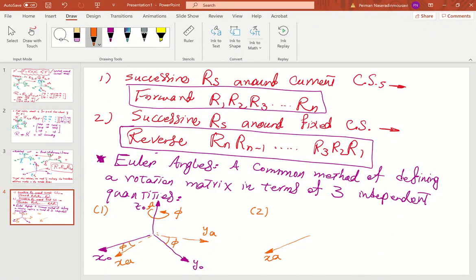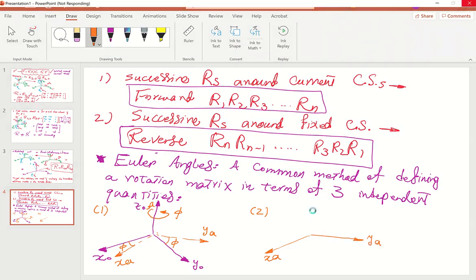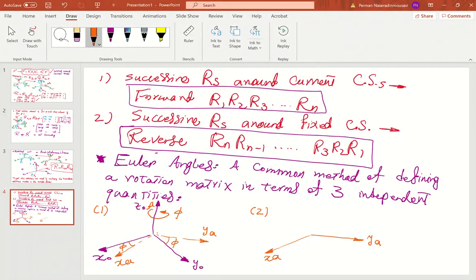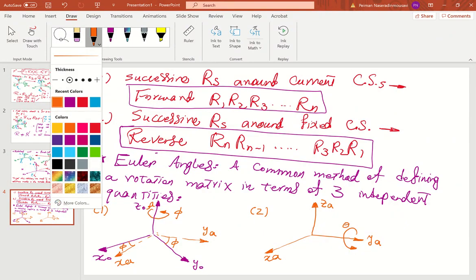Right after rotation, now the second rotation. If this is xa and ya, and this is za, we are rotating around ya now, by the angle theta.